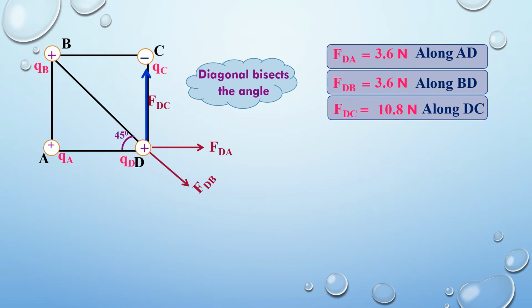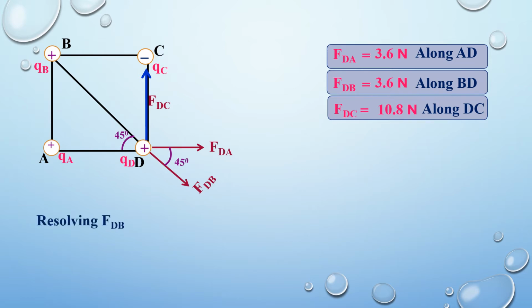So it is clear that this angle should be equal to 45 degrees, and this angle should also be equal to 45 degrees because it is the opposite angle. So now I can resolve FDB and FDA. On resolution I get FDB cos 45 and FDB sine of 45.